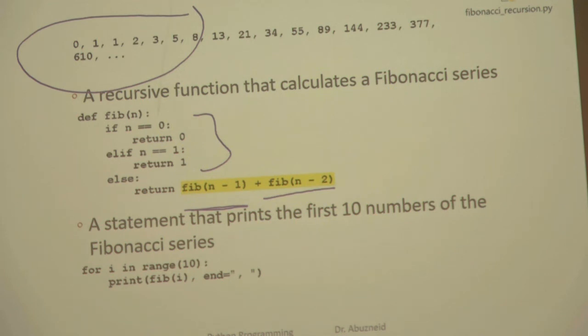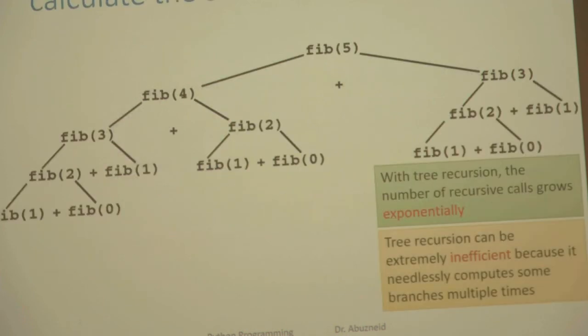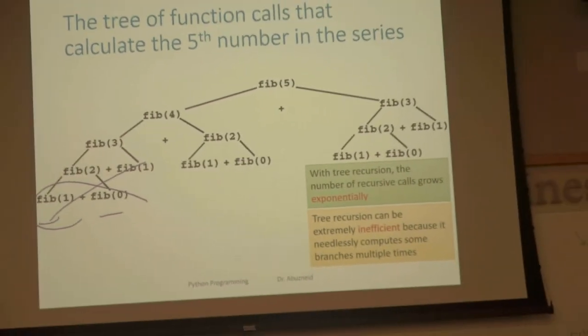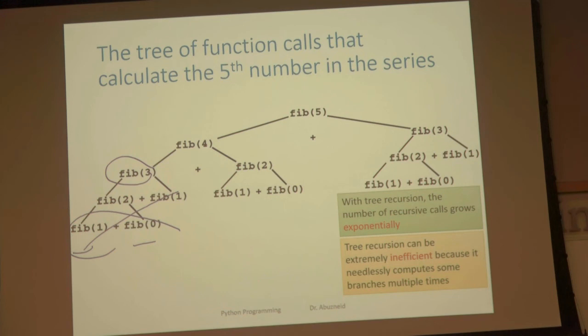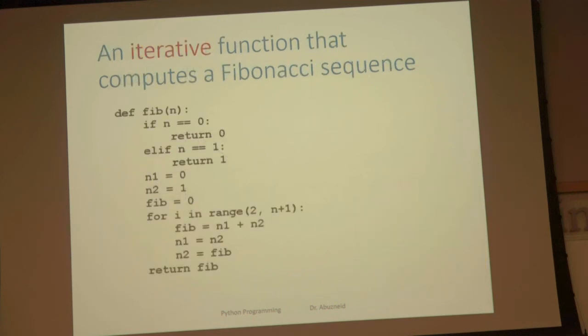So what you have to do in here is calculate fib 0 plus fib 1. Fib 1 goes in here, and this will be fib 2. Fib 2 plus fib 1 gives fib 3, and then the fib 4. At the end you have to add fib 3 and fib 4, which gives you fib 5. So you have to run it twice. This will give you exponential complexity, and it's not reasonable.